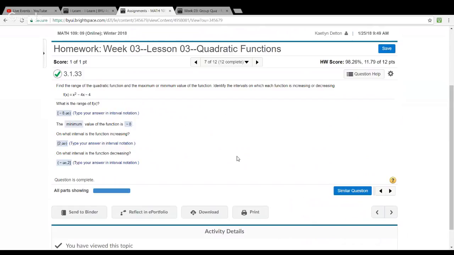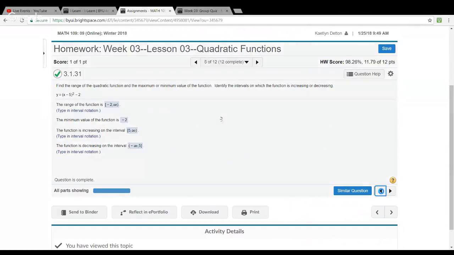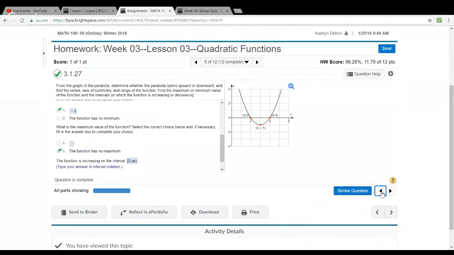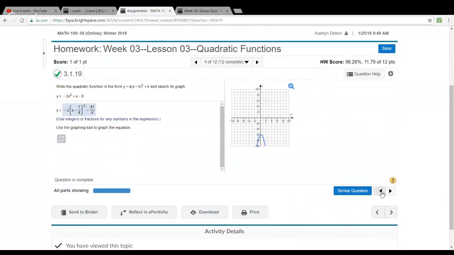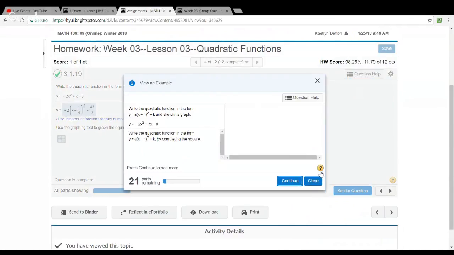So, I was like, okay, I'm kind of lost just a little bit. Let me go back to where I have to complete the square more. Okay, like on this one. Oh, holy cow, this one took me forever. It was number 4 on the homework. Let me view the example. I don't know why it took me so long. Oh, because I kept accidentally putting x squared in the parentheses. I remember.